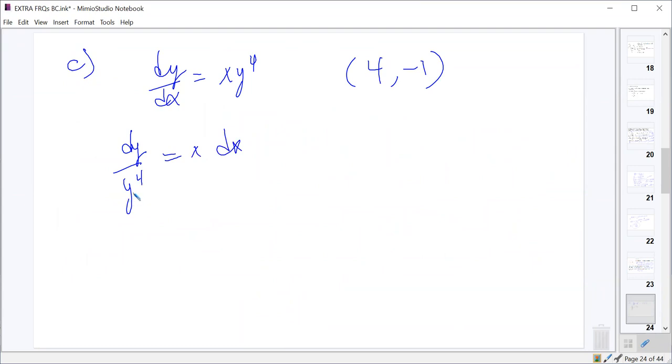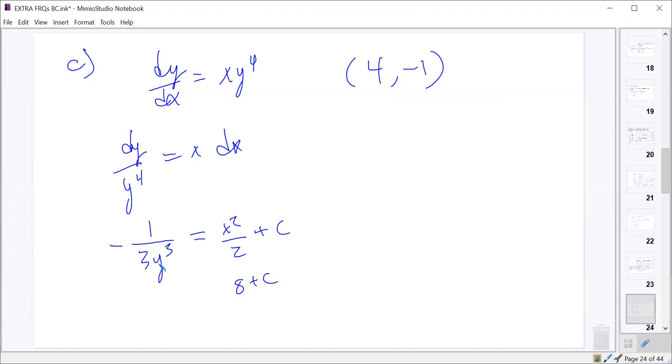The integral of y to the negative fourth goes up to y to the negative 3, right? We divide by negative 3, so this is negative 1 over 3y cubed equals x squared over 2 plus our constant. Plug in our value of 4 for x, that gives us 8 plus our constant.